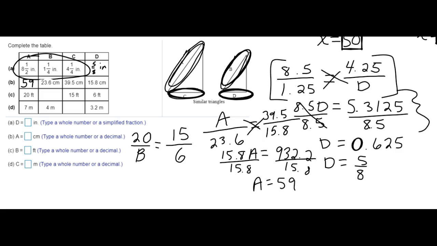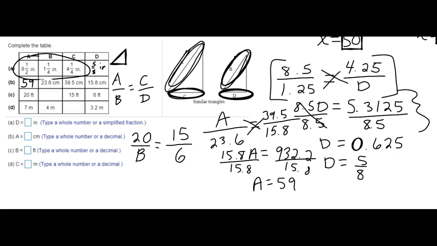So basically, I'm using the formula for all of these problems. A over B equals C over D. That's the formula we're using for all of these problems.